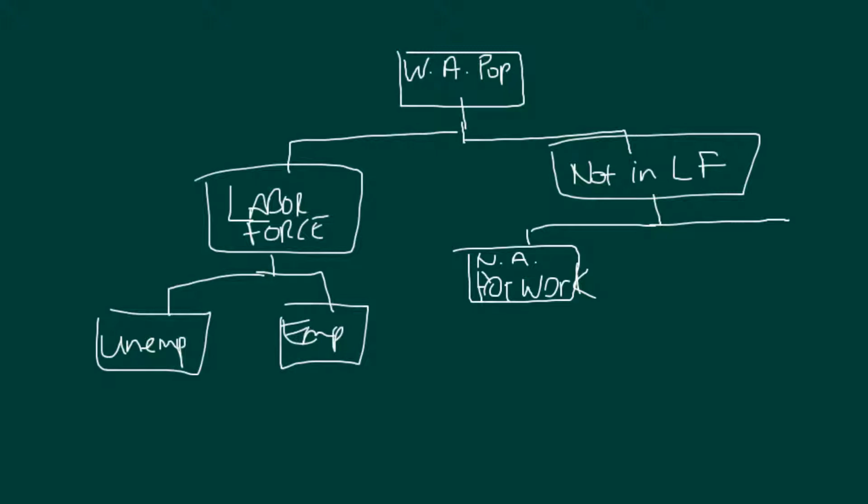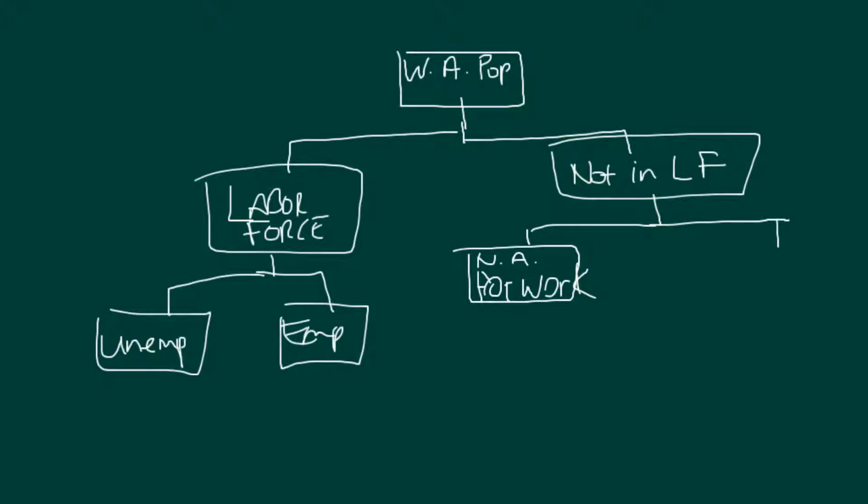And you answer no, and they keep asking questions to figure out why you're not working. They're going to get to the point that you're saying, I'm not going to take a job even if it's offered to me. And it's actually quite a large category, understandably. Generally smaller than the entire labor force, but still there's a lot of people who for various reasons are not looking for a job. All right, so those people aren't going to show up in any of our calculations.